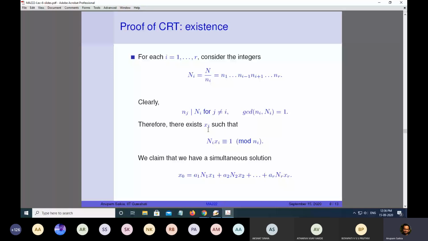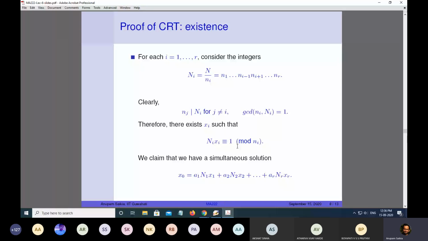So this will have a solution because the GCD of capital Ni and small ni is 1, and 1 always divides whatever is on the right hand side; in particular here it is 1. So these solutions exist.